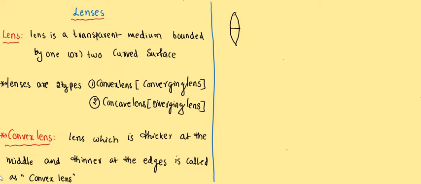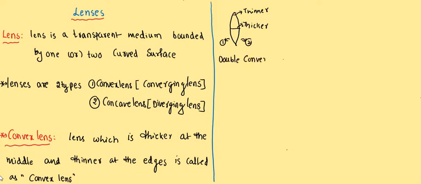This has two convex surfaces. This is one convex surface and this is the second convex surface. That's why we say that it is a double convex lens.